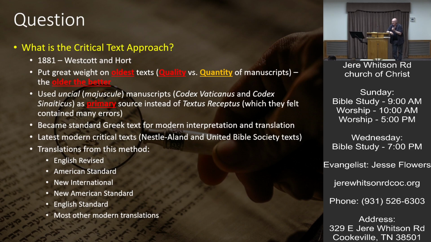Now, why would they think that there were too many errors in the Textus Receptus? You get all those variations. There were a lot of variations in it, but which was the newer of the two?